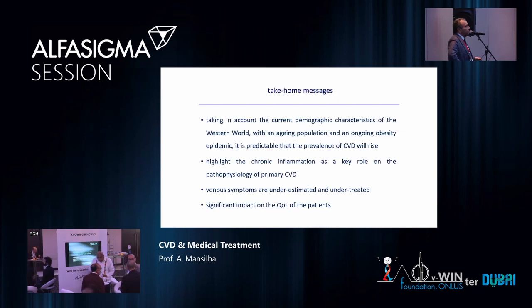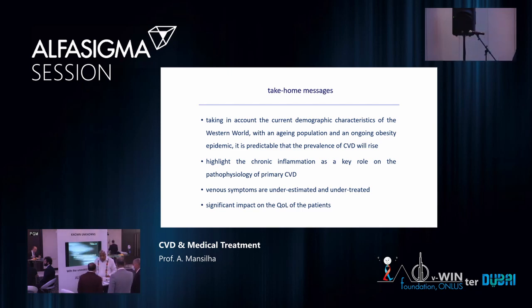As my take-home messages, I would like to emphasize that taking in account the current demographic characteristics of the Western world, with an aging population and an ongoing obesity epidemic, it is more than predictable that the prevalence of chronic venous disease will rise.